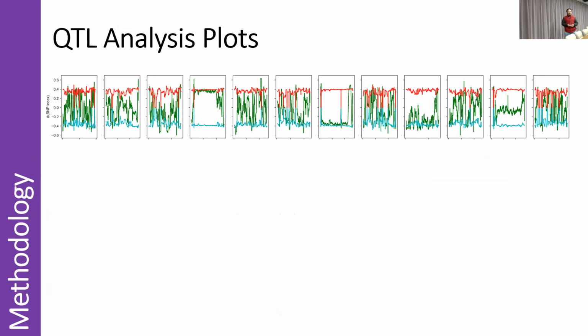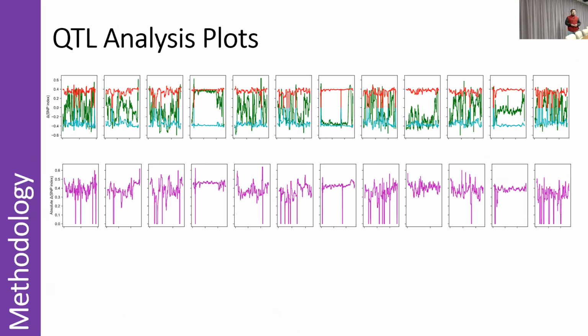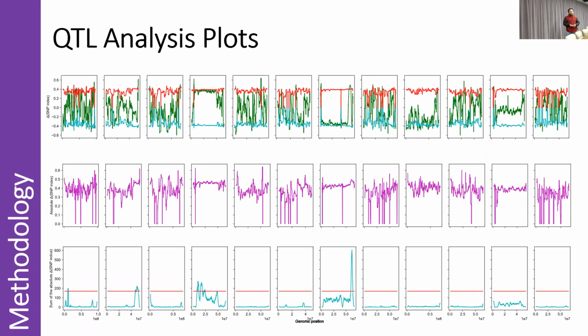After having this graph, we calculate the absolute SNP index. After calculating the absolute SNP index, we just took the sum of the absolute del SNP index, and this is the result that we got through the QTL-seq approach.